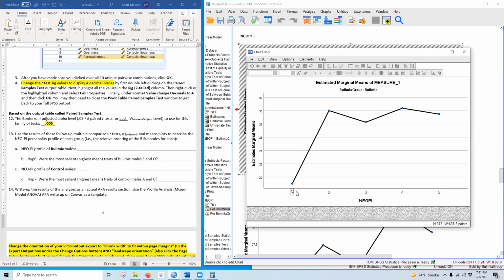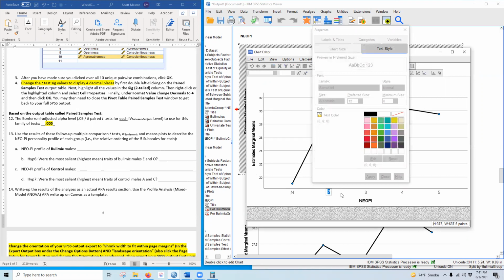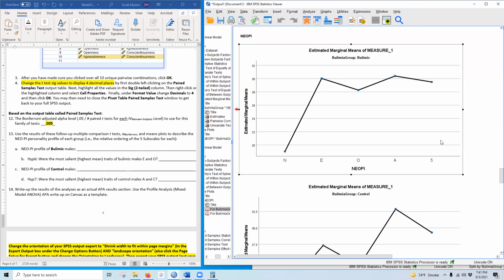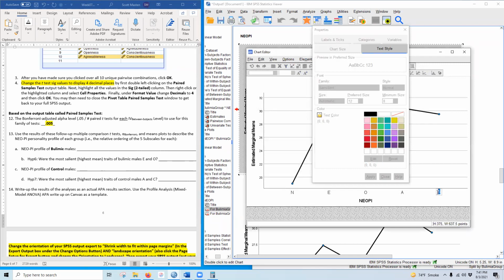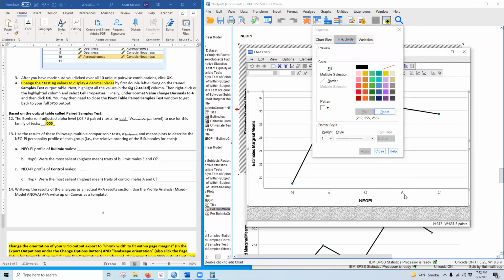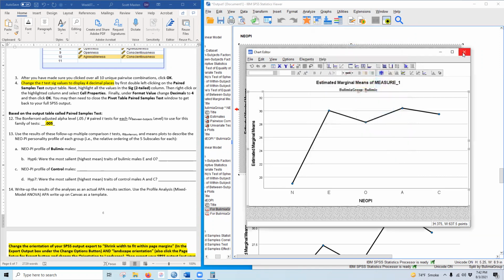N, E, O, A, C. All right, and of course it didn't update that last one, so let me try again. Kind of have to click off it to get it to work.